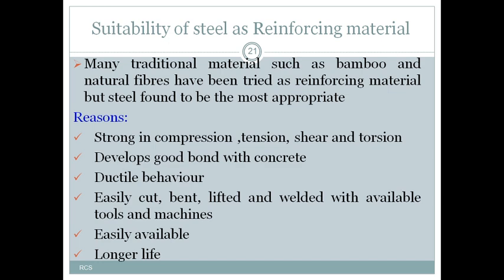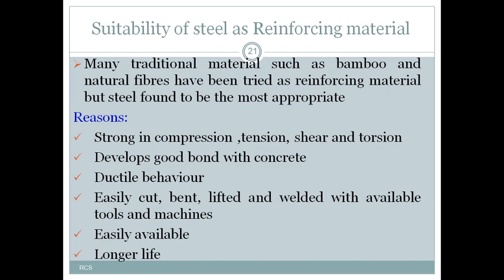The reasons for using steel as a reinforcing material are that it is strong in compression, tension, as well as shear and torsion, and it develops a good bond with the concrete. It has a ductile behavior.